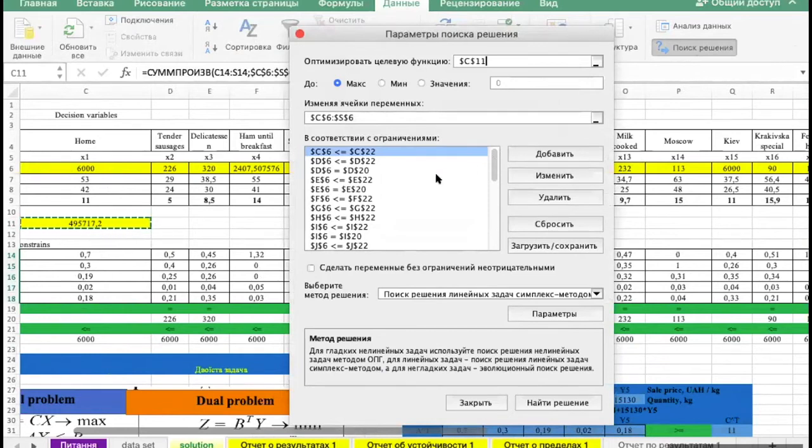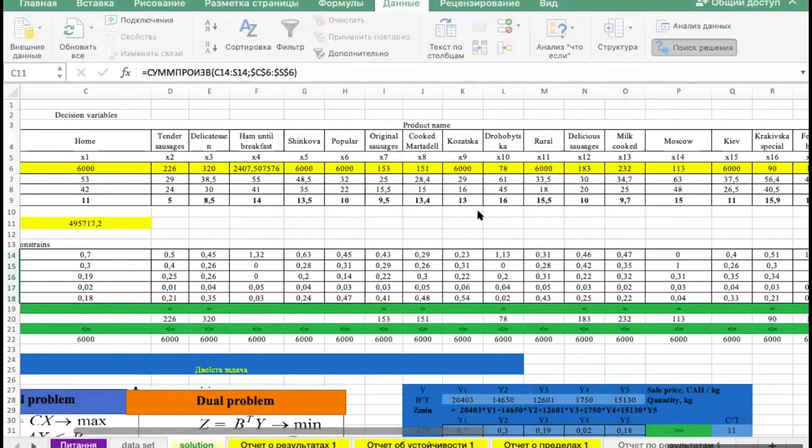all of you who also did this laboratory work know the rows in this table in the Solver parameters. Again we press find solution (найти решение), wait a couple of seconds, and then it is very important to use the results report (отчет о результатах) and the sensitivity report (отчет об устойчивости).